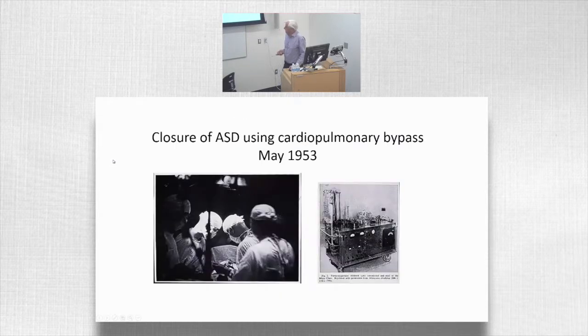And this is the graphic representation of the first successful repair of an ASD in an adult female, May 1953, using the pump oxygenator developed by Gibbon. And this was, again, a landmark in congenital heart disease surgery.